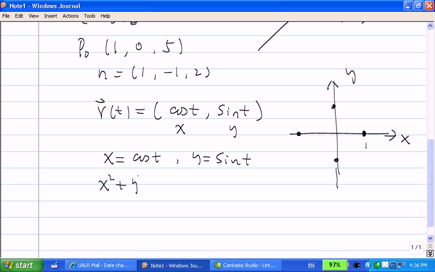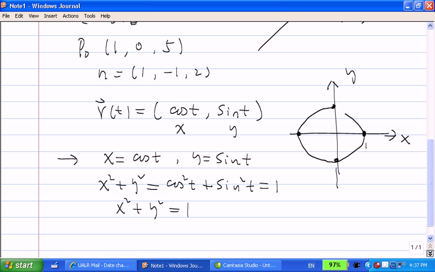So x squared plus y squared will give you, because x squared is cosine squared t, y squared is sine squared t, this will give you 1. Therefore, the plane curve described by this parametric equation really can be written by an equation like that. We know this one gives you a circle.